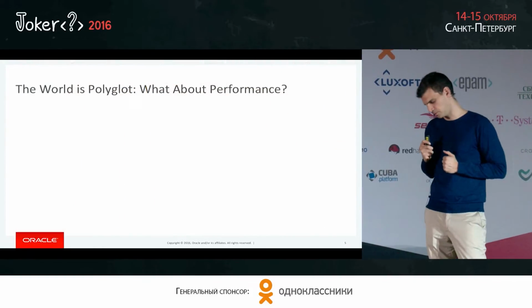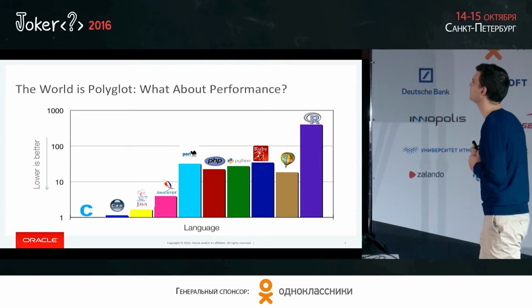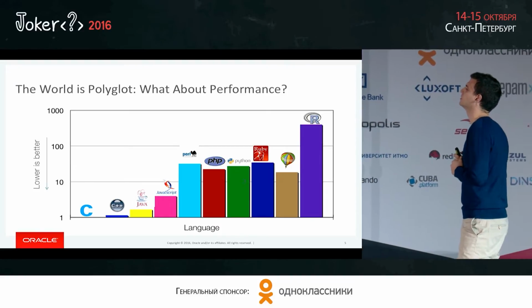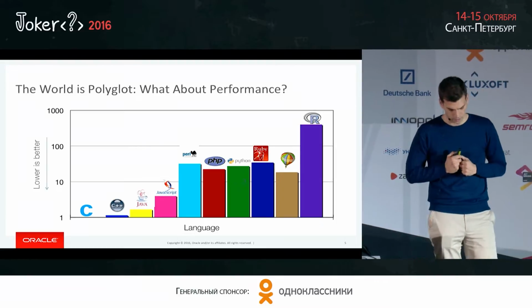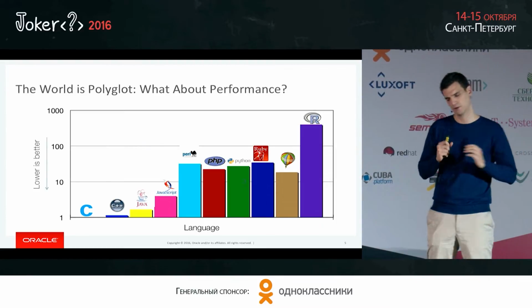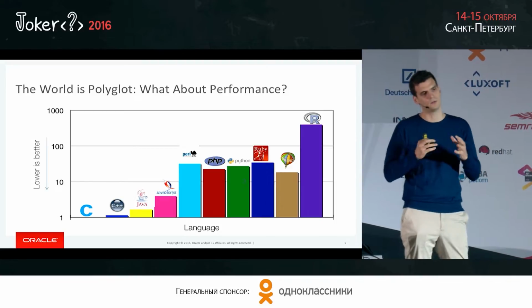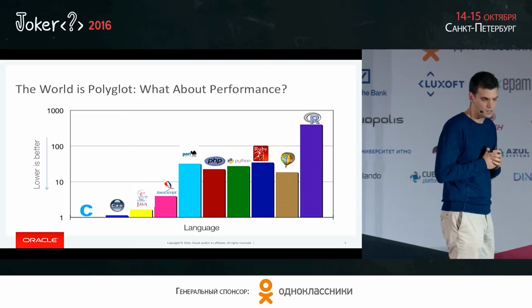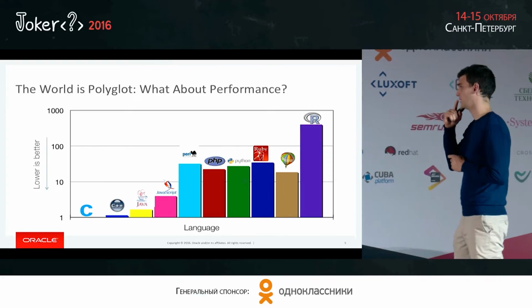But what about the performance of these programming languages? Let's take a look at this graph here. On the y-axis is the performance normalized to the performance of C programs. This is a subset of programs. It doesn't really represent well what happens in real life, but it's a good indicator. On the x-axis, we have the language.